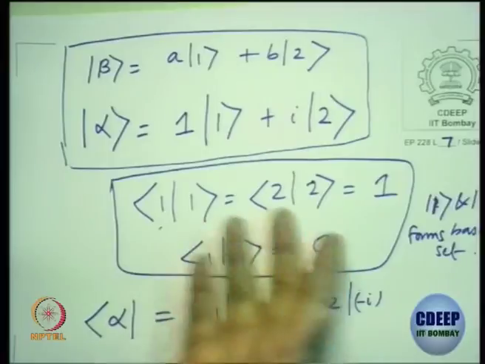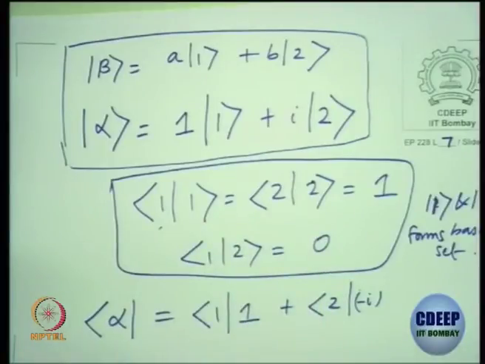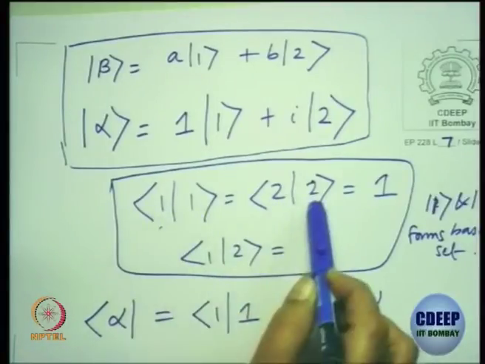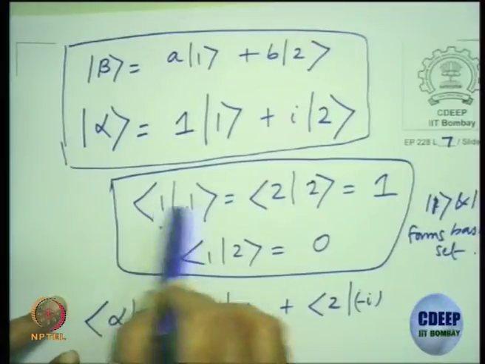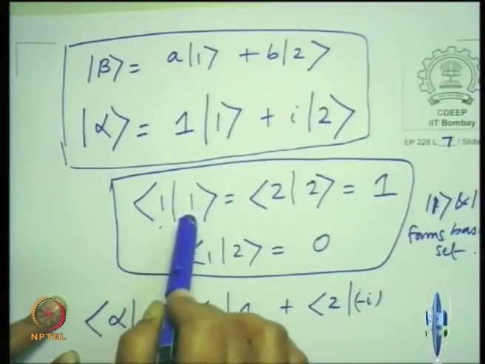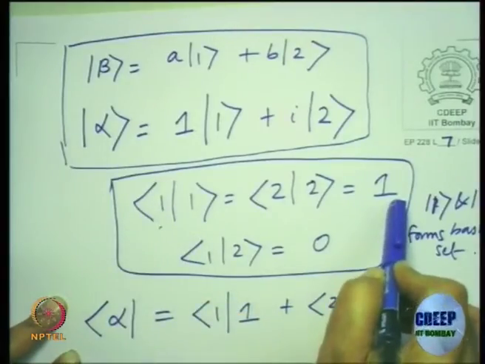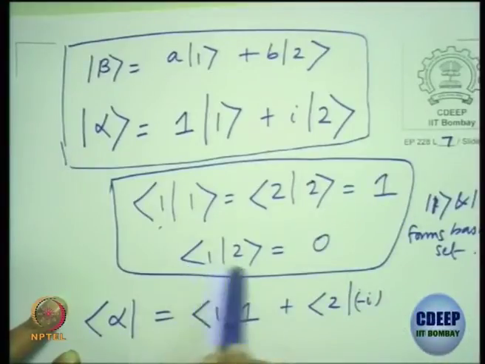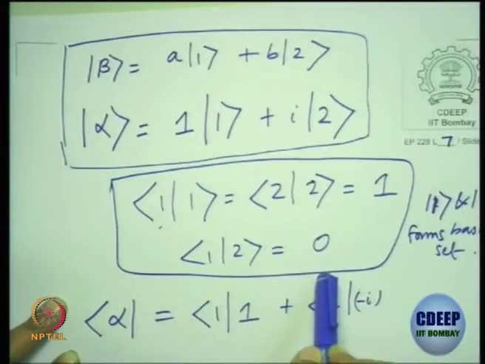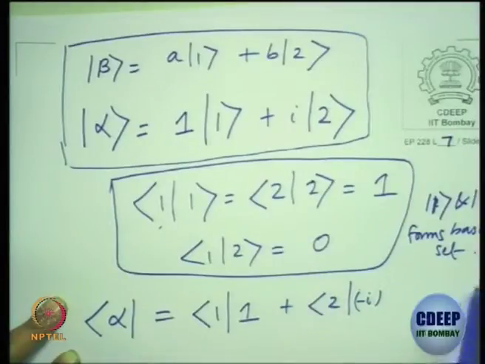They are in fact orthogonal also. It's orthonormal. The dot product of these basis with itself is 1. The dot product of these two bases is 0, which is your orthonormal basis.